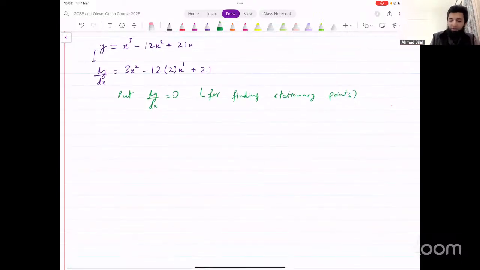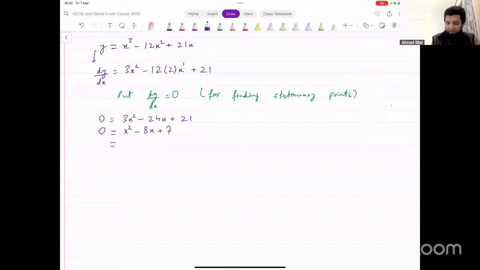All right, let's do that. We get 0 equal to 3x squared minus 24x plus 21. Now, this equation can be simplified. If we just divide the whole thing by 3, that becomes x squared minus 8x plus 7 equal to 0. Can we factorize this? Yes, 7 and 1 will work. I can do x squared minus 7x minus x plus 7, that equals 0.